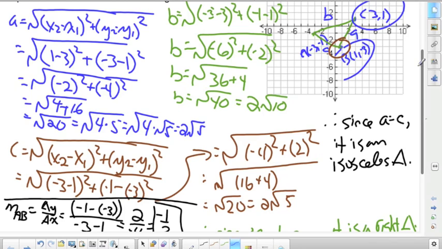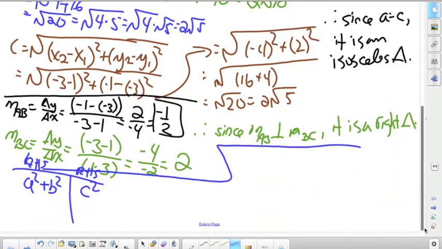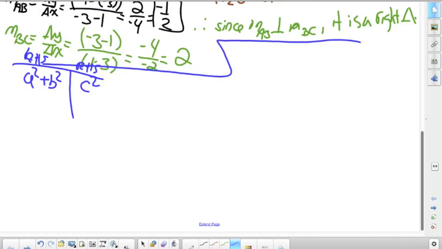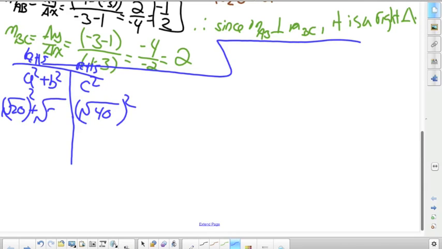Does it matter which is A and which is B afterwards? No, it doesn't matter. So we have the square root of 40 squared. A was, one side was square root of 20. What is the other side? Same. So what's the square root of 20 squared?